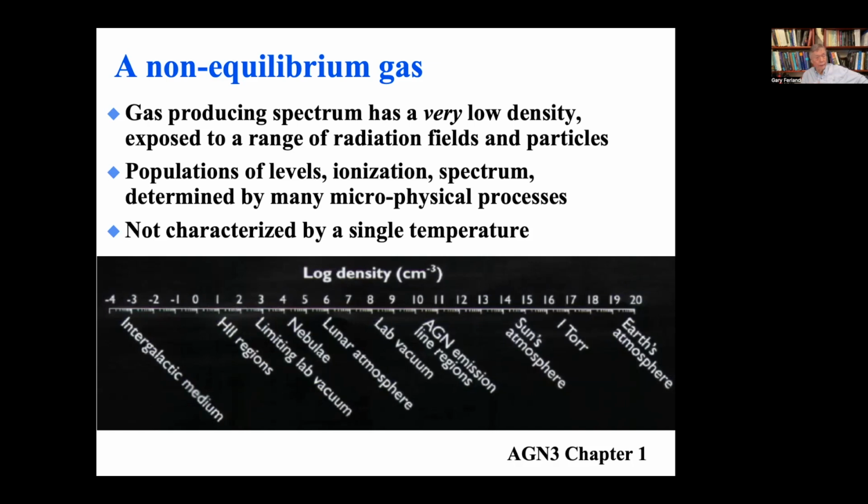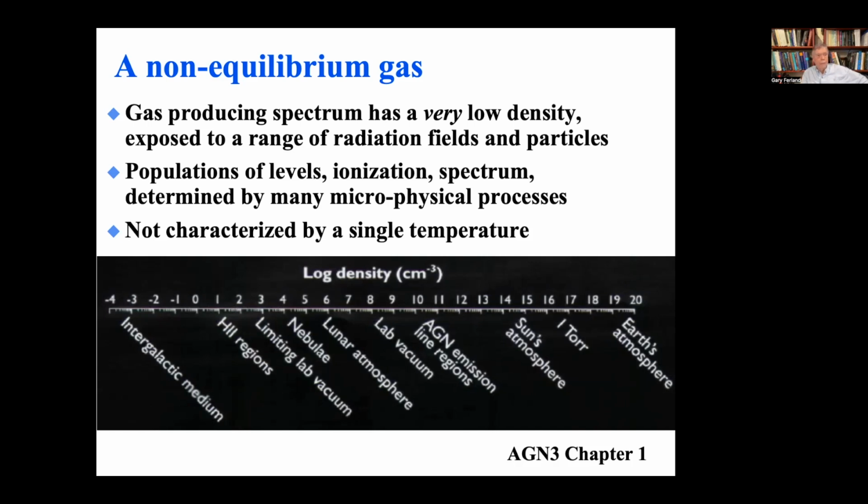So we see here the typical galactic astronomers, extragalactic starburst galaxies; you're working at densities that are really good laboratory vacuum. And so the problem with that is that this gas is not in contact with itself, because it is such a vacuum that there are very few collisions between particles or constituents in the gas.